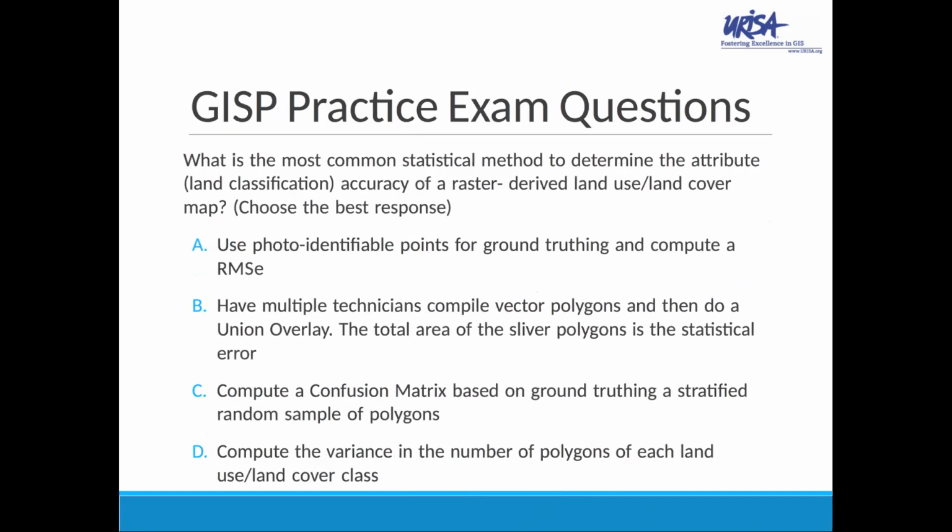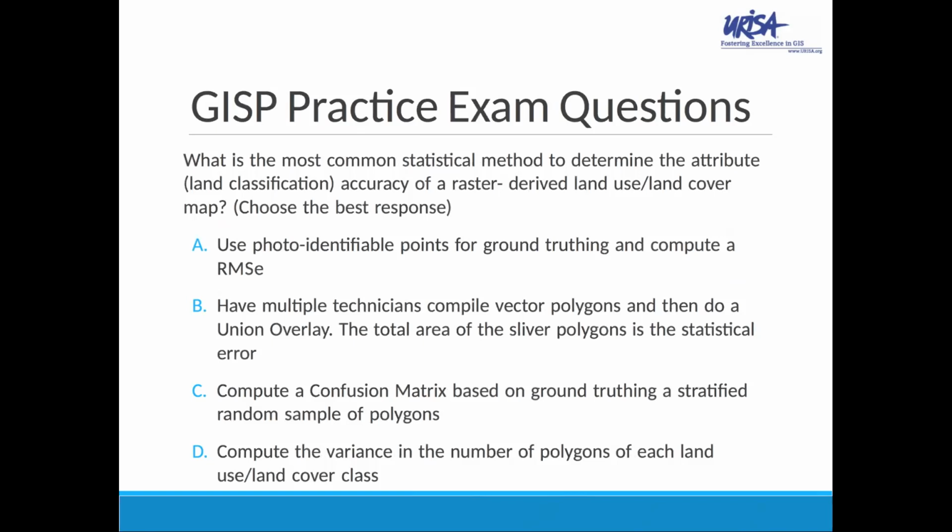Okay, and so what was the statistical method you would use to determine an attribute, land classification accuracy? So when you're looking for attribute accuracy, horizontal position, the first one doesn't mean anything. The statistical error of sliver polygons is again a positional measurement.